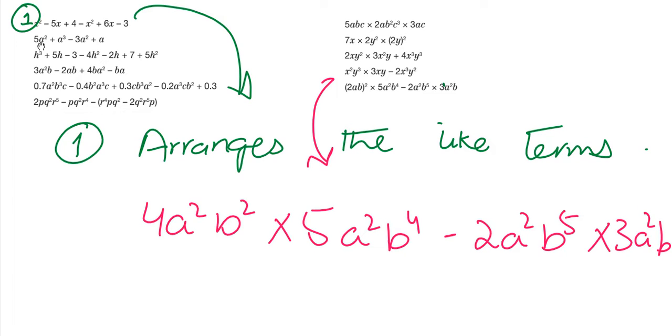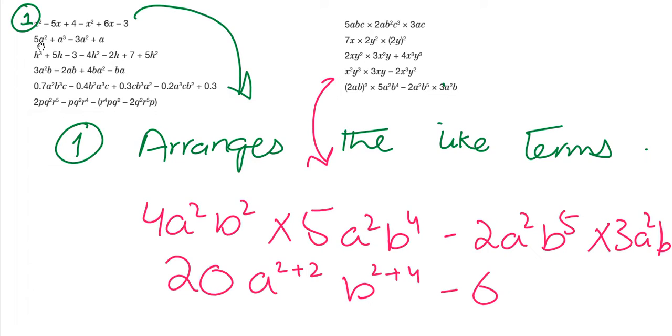All right, so now we have to multiply these terms, add up the powers. 20, a 2 plus 2, b 2 plus 4, 6, 2 plus 2, b 5 plus 1. Okay, the power of the b will be 1.